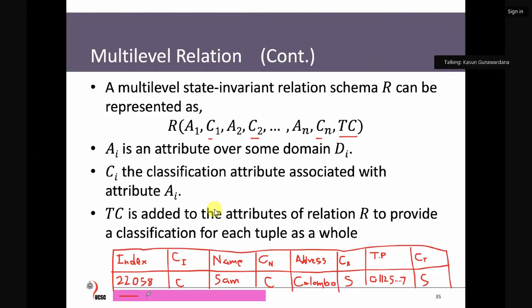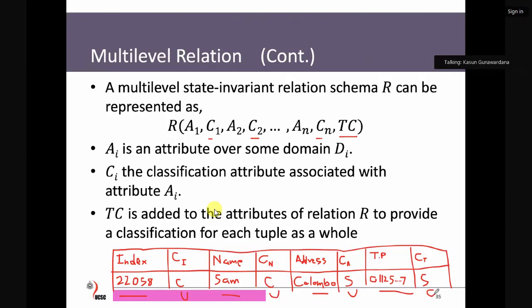So for the next student, the index number, it is possible that the second student might have a different clearance level or classification level, right? So this might be, let's say, unclassified name, unclassified address, and the telephone number may be confidential.